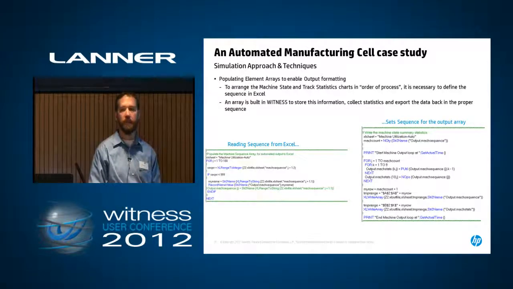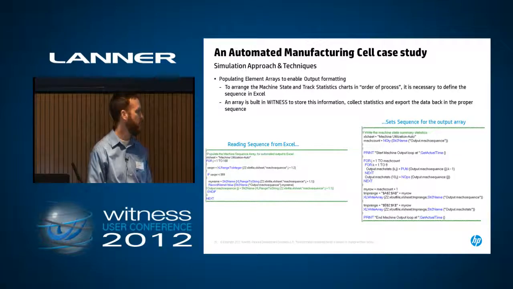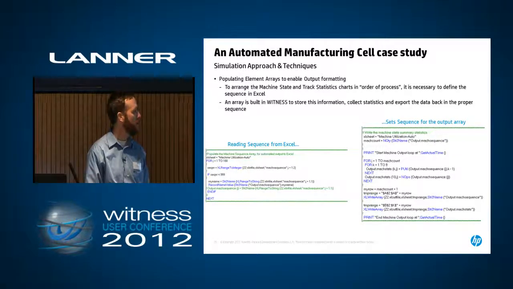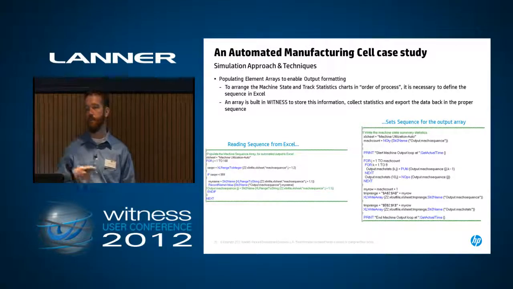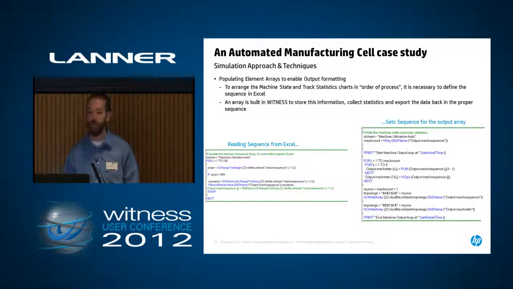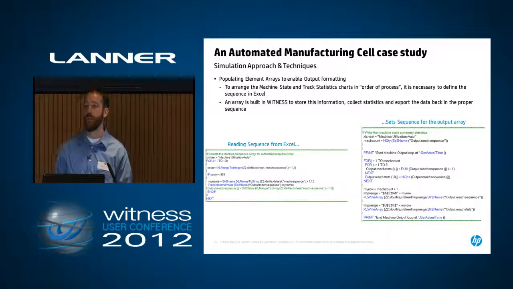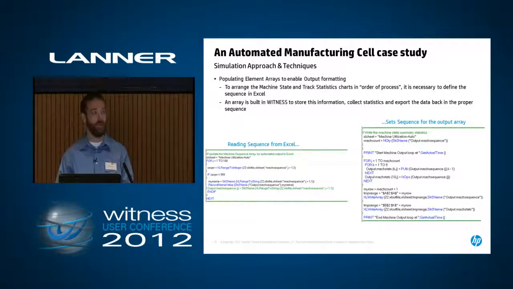So I define in Excel the sequence that I want the chart to be in. There's a couple of code snippets here in case you find this useful. I read that sequence in here, and then at the end of the model run, Witness uses that sequence to populate an output array in the right order. And then it's just a simple matter of using the Excel write array function to drop that back into Excel in the right order.